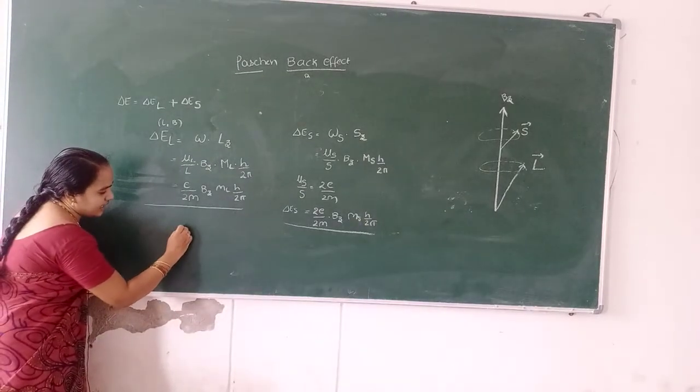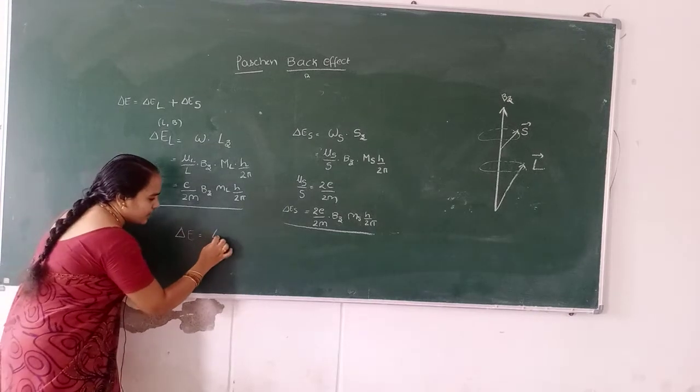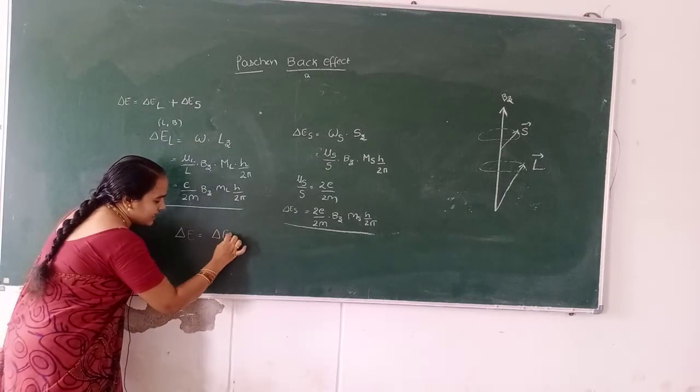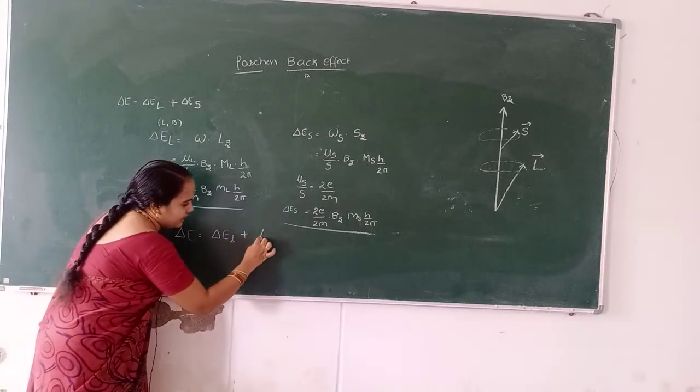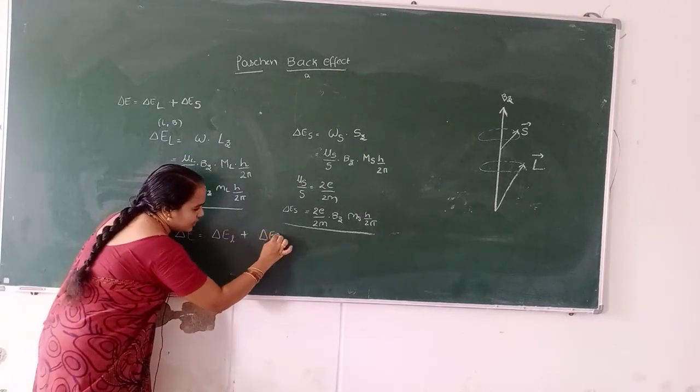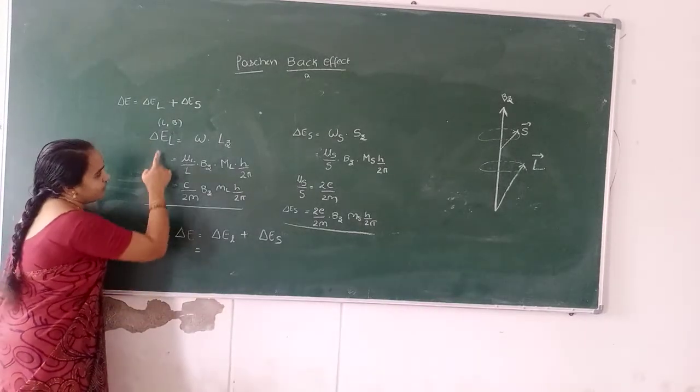Hence the resultant interaction energy is the sum of the interaction energy of the orbital angular momentum vector and the interaction energy due to the spin angular momentum vector. So what is delta E?